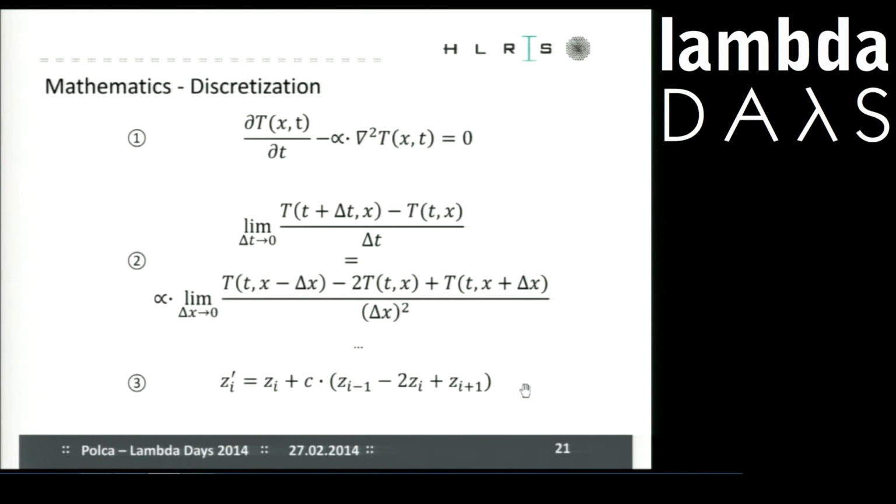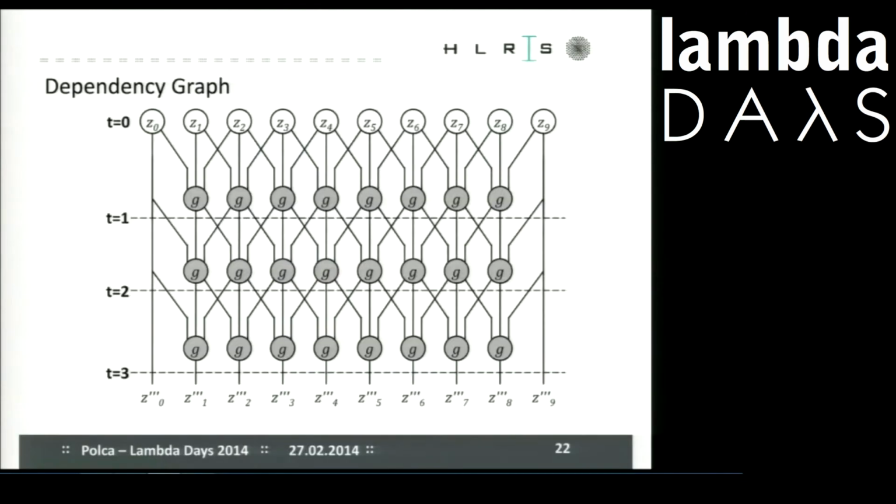Here at the end, we have this formula, which is what you execute inside the computer. This is for each cell. If we divide our string, for example, in 10 pieces, the one on top has the original value, and the boundaries, this one and this one, are always at a fixed heat, for example 0. So we are always calculating the ones in the middle.